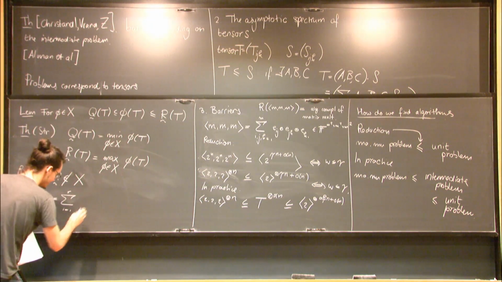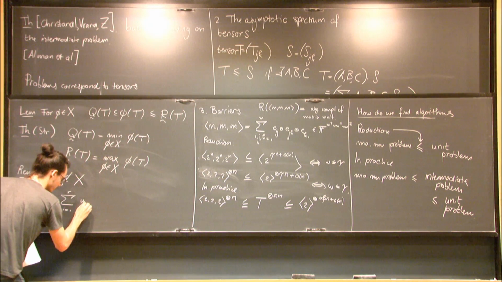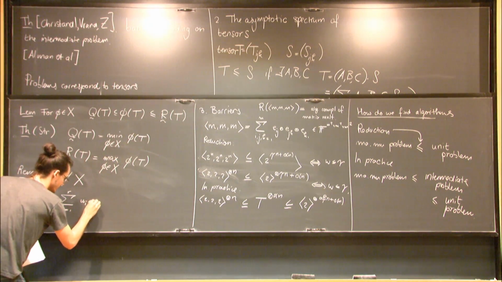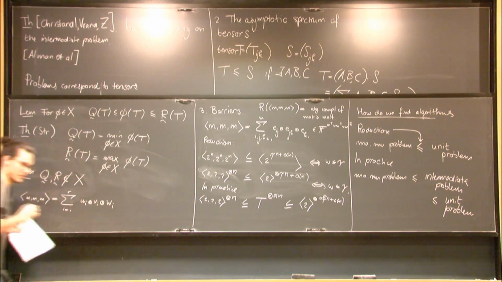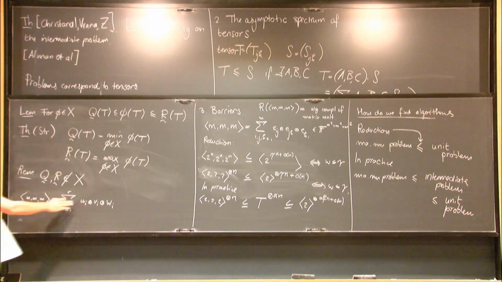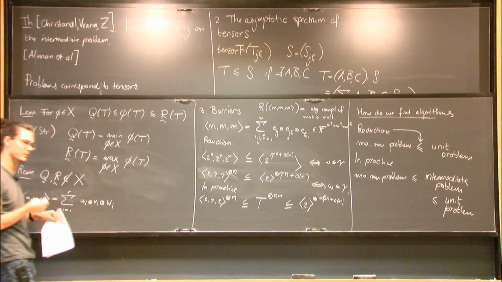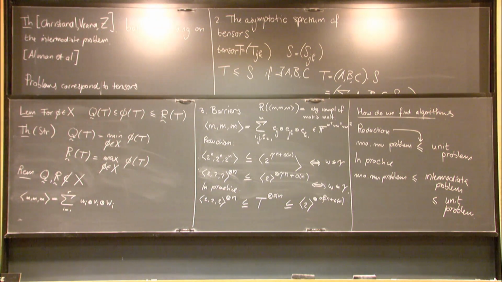Simple tensors are tensors of the form u_i tensor v_i tensor w_i. So u_i is a vector, v_i is a vector, w_i is a vector, and we take their outer product. Now, suppose you're given such a decomposition, and I want to turn it into an algebraic circuit.